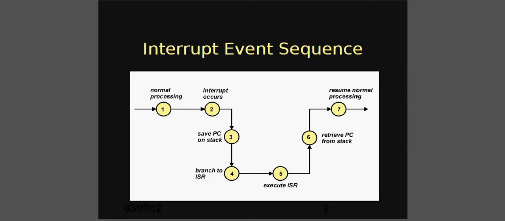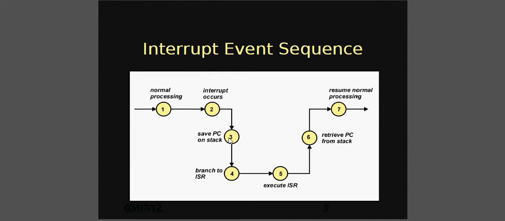Alright, so this is the basic interrupt event sequence. The first one is the normal processing, number one, and then as the interrupt occurs, the processor will save the program counter. The program counter is the register that stores the current address of the instruction that the processor is processing.